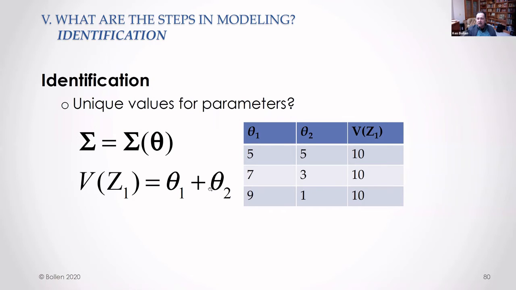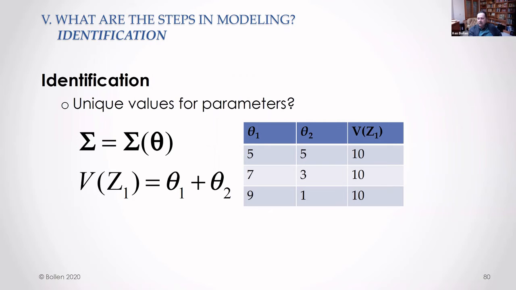So it concerns, can we even find unique values? This is an issue that you don't see in something like multiple regression, because multiple regression is built on assumptions that force it to be identified. If you ever wondered why we assume that the error term is uncorrelated with our explanatory variables in ordinary least squares regression, well, if we allowed that error term to correlate with our explanatory variable, it would be under-identified.